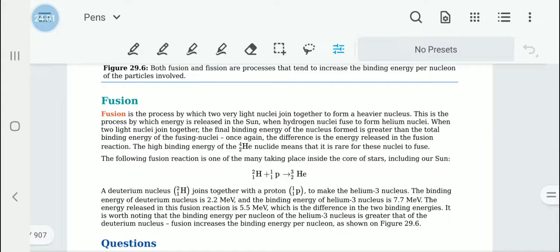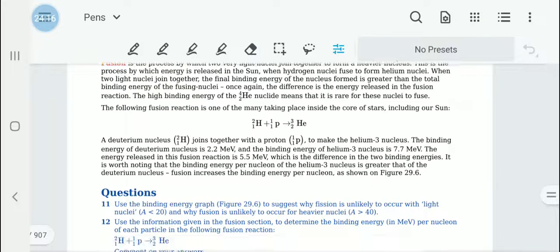Then write down fusion. In fusion, two smaller or lighter nuclei join together to form a heavier nucleus.